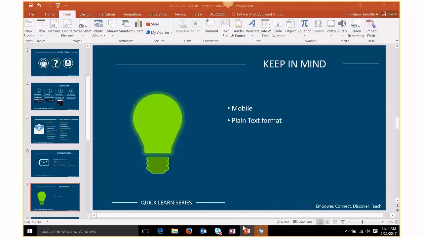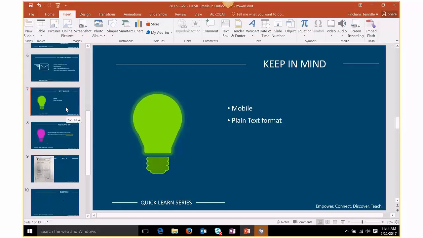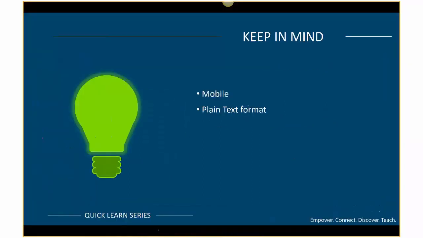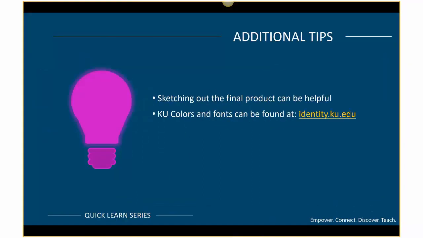And then the last things are just some additional tips. One is that I find sometimes looking at tables within the body of an email message is a little bit disorienting, and it's kind of hard to see the final product just looking at these blank cells.